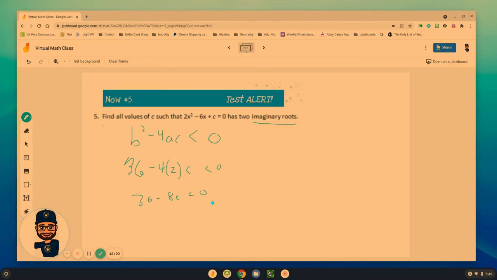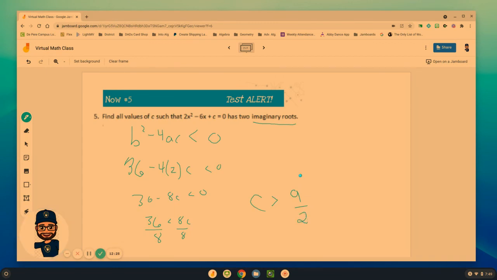I'm going to add the 8c to both sides so that I'm working with a positive coefficient. And now I divide by 8. Or c has to be greater than, let's see. If I divide everything by 2, nope, we're going to divide by 4, 9 halves, 4.5.